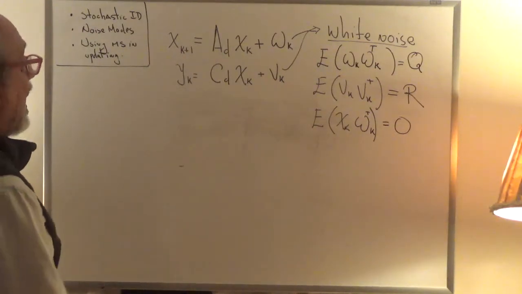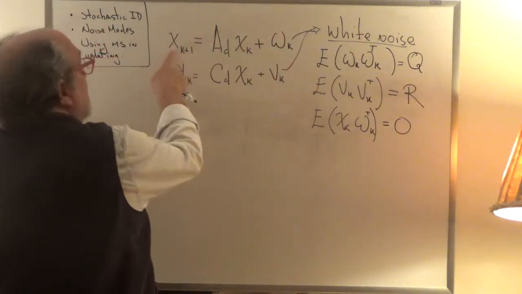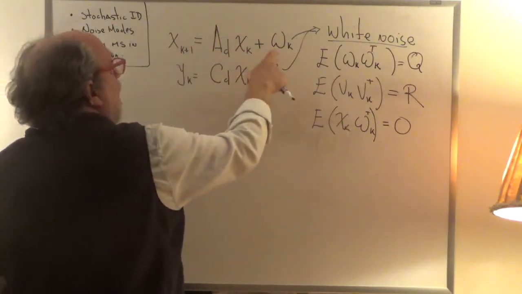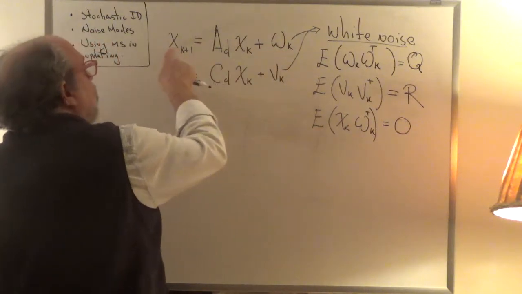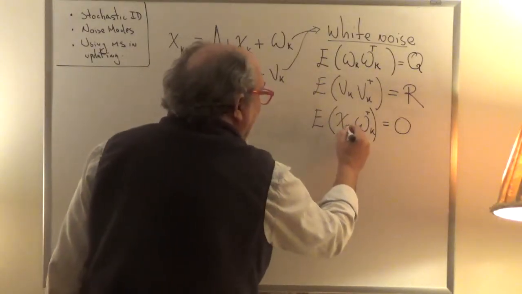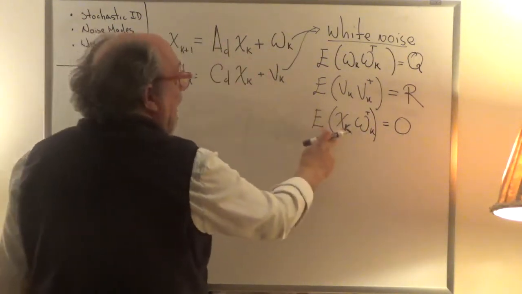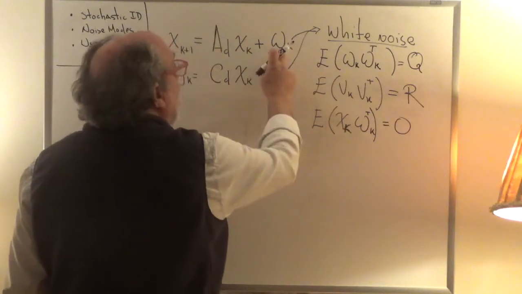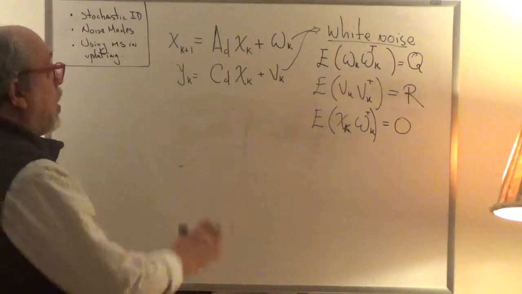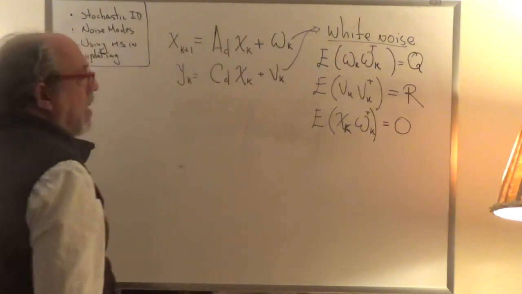Wk is in fact correlated, perhaps you could argue, with xk plus 1, because whatever the value that there is here has something to do with xk plus 1. But what we're saying is that at k, xk has nothing to do with wk, right? Wk affects the next x, but not at k.